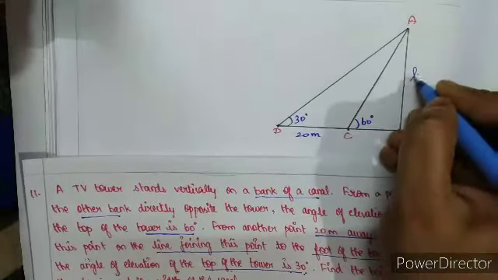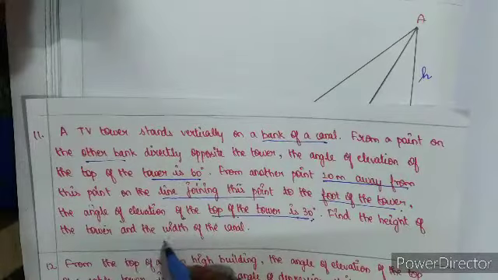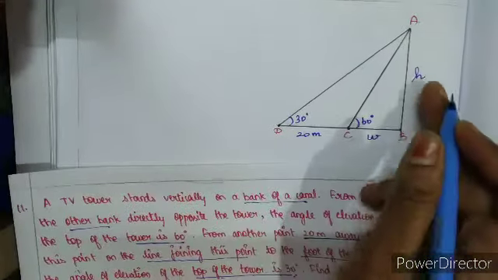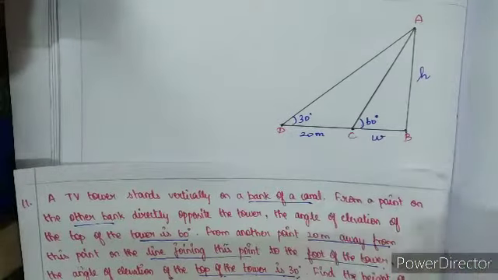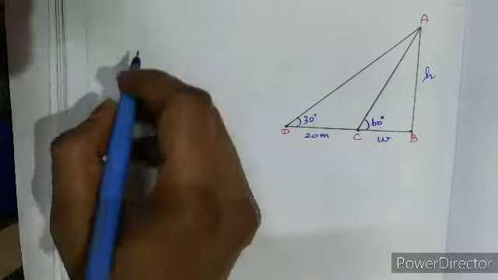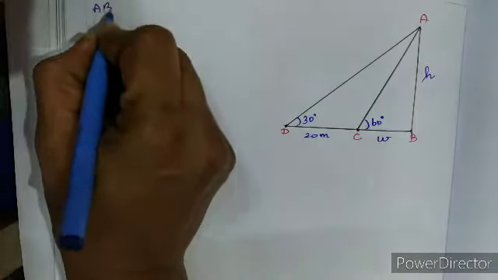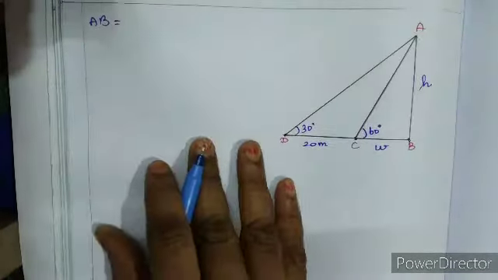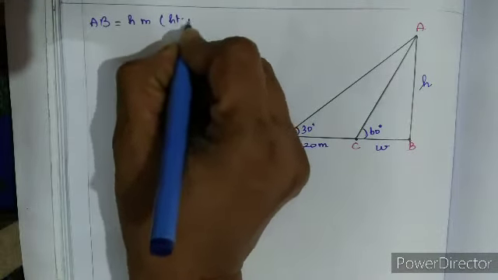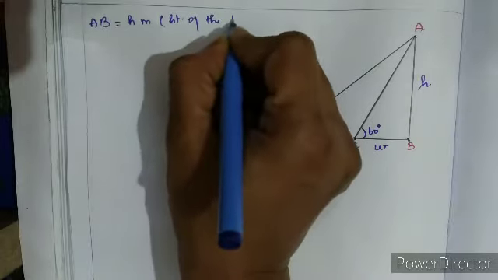We have to find the height of the tower and the width of the canal. Let W be the width of the canal. Now, let's write the details. See here, AB is equal to H meters, the height of the tower.